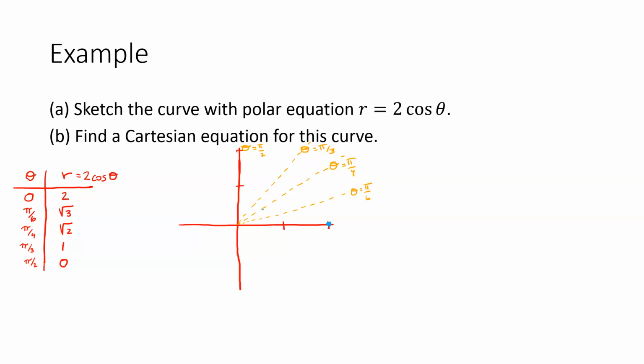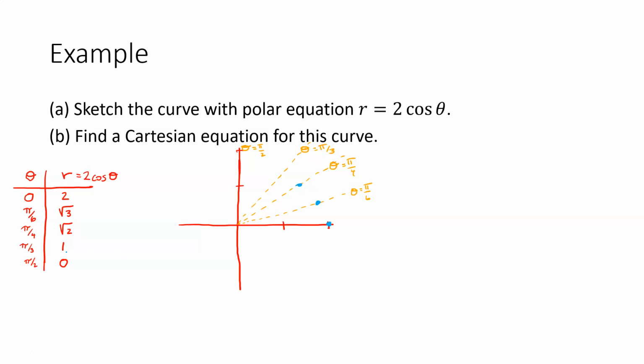The angle pi over 6 gives us an r value of radical 3, which we can imagine is maybe around 1.6 or so. So I can probably estimate it. Square root of 2 is about 1.4, so maybe a little bit shorter there.